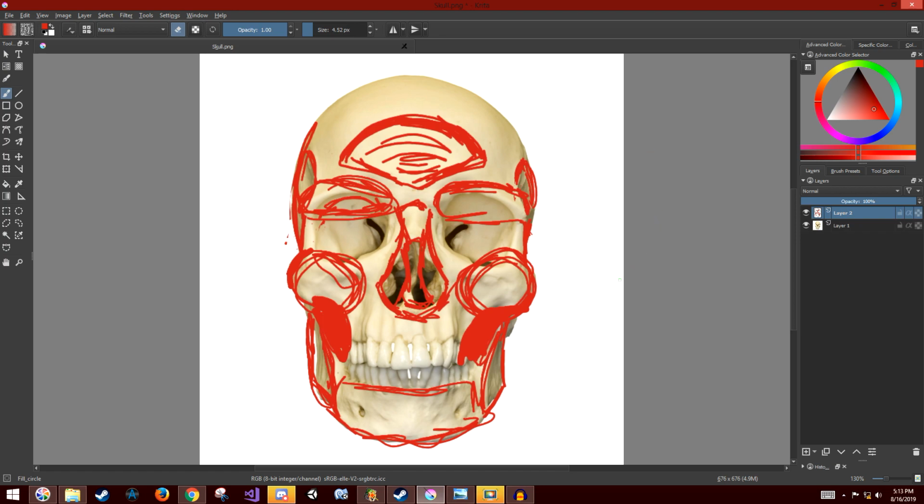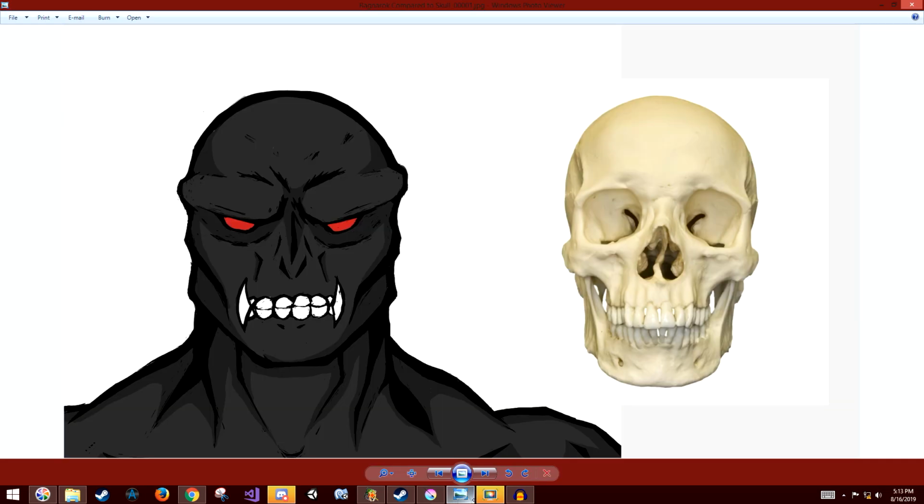Now, I have an example here of how this translates. This character here, his name's Ragnarok, by the way, who I drew up as a good example, has a very tight bit of skin.